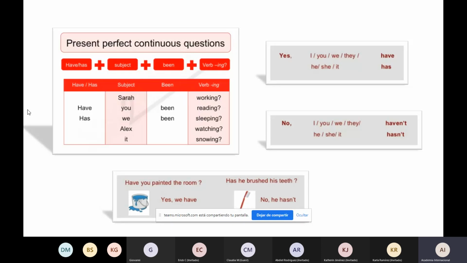Ahora bien, if we want to give a short answer, we use yes, I have, or yes, you have, or yes, she has, or yes, it has. Creo que les mencionaba esto en la tutoría pasada, que en inglés se utiliza en las short answers una estructura o una frase más larga que como la solemos utilizar en español, porque en español solo decimos sí o no si no queremos dar mucho detalle.